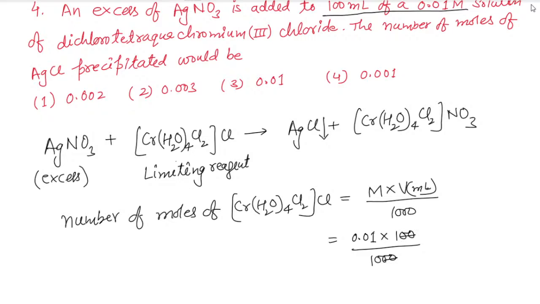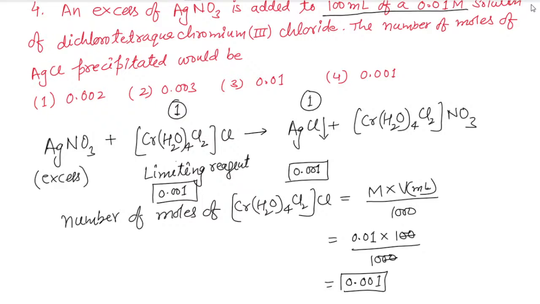So it is 0.001. If it is 1 mole, then we get 1 mole of AgCl. So if it is 0.001, it is consumed completely, and we get 0.001 mole of AgCl.